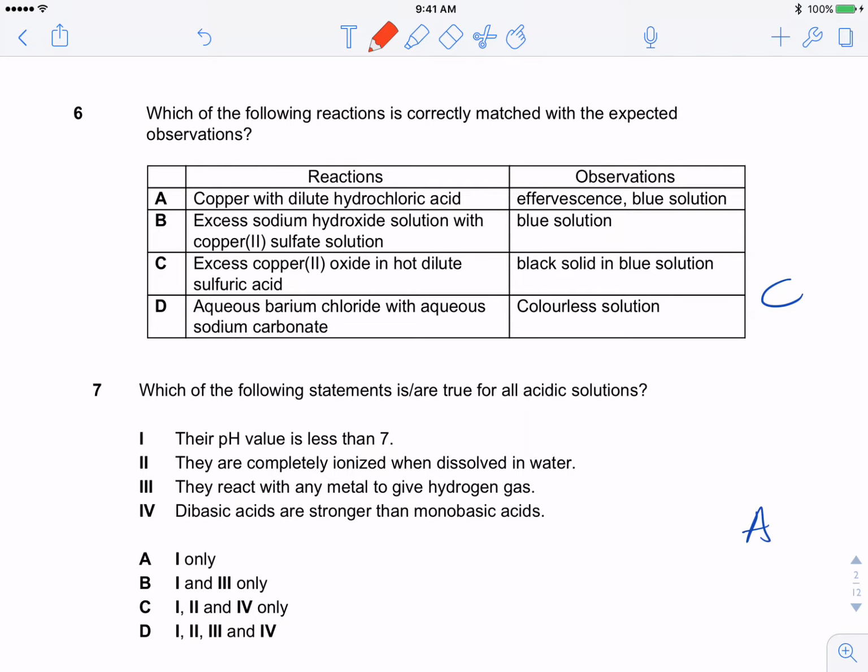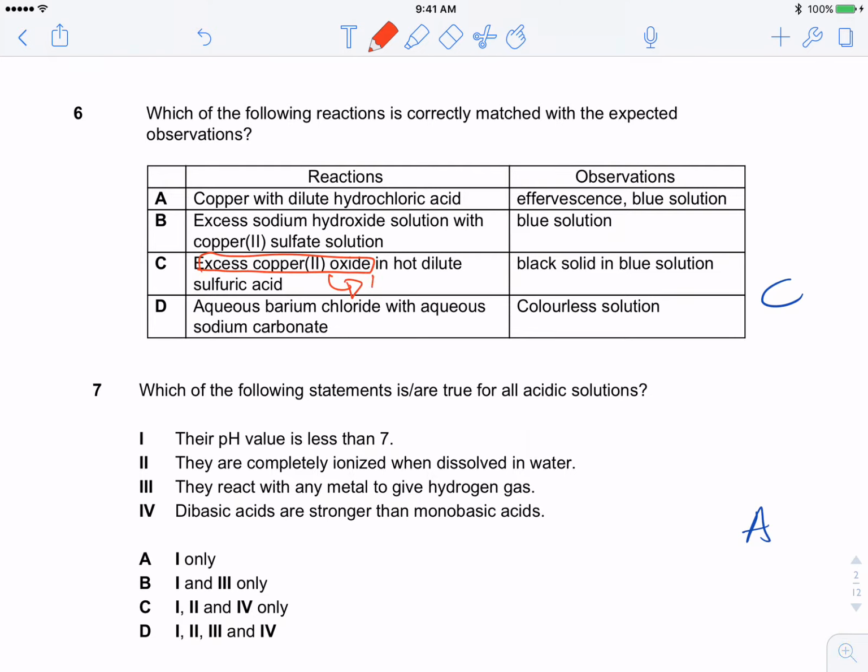C, excess copper 2 oxide in hot dilute sulfuric acid. Copper 2 oxide will react with sulfuric acid in an acid-base reaction to form copper 2 sulfate solution as well as water. But they say that copper 2 oxide is in excess.